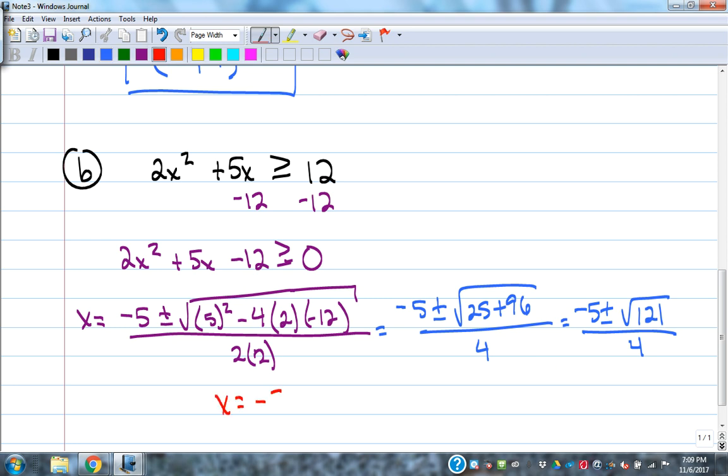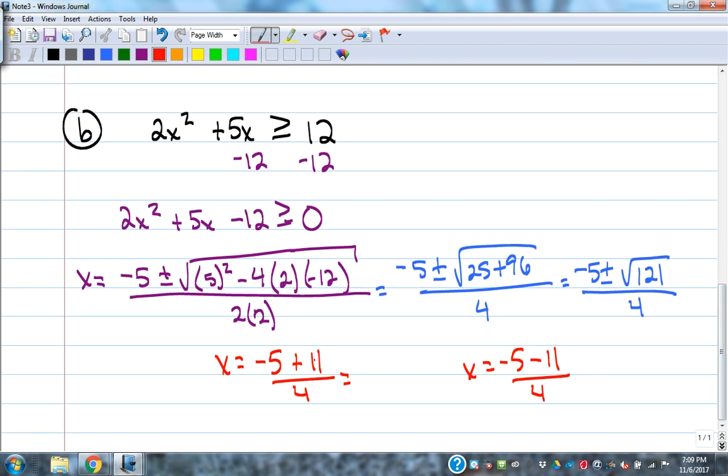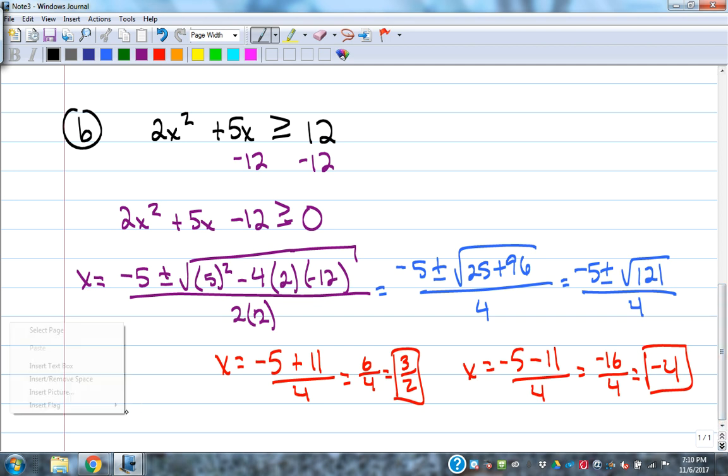So I get x equals negative 5 plus 11 over 4, and x equals negative 5 minus 11 over 4. Negative 5 plus 11 would be positive 6 over 4, which is 3 over 2. And negative 16 over 4, which is negative 4. Those are the numbers that I put on my number line to test around.